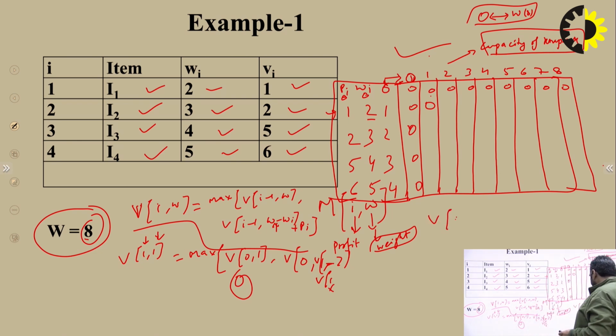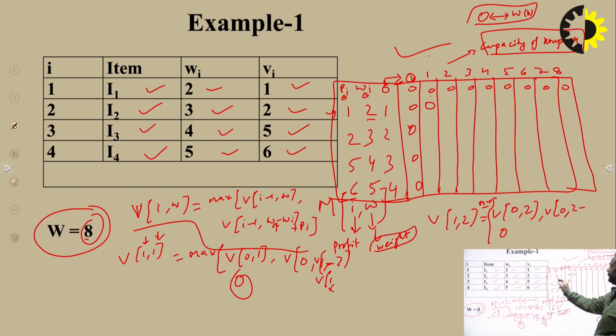V12 will be V1, that is 0. We are taking the maximum value of these two. V0 and W is 2 minus the weight of this particular thing, which is also 0.